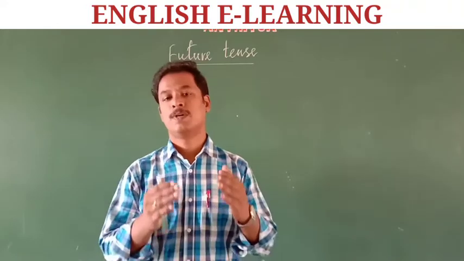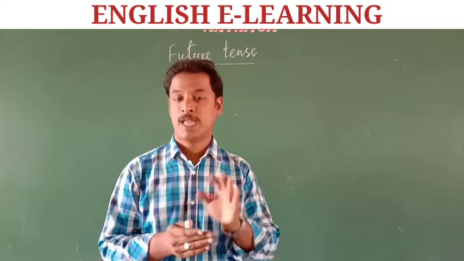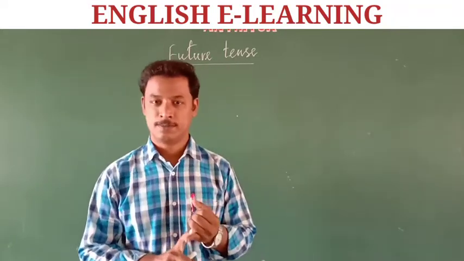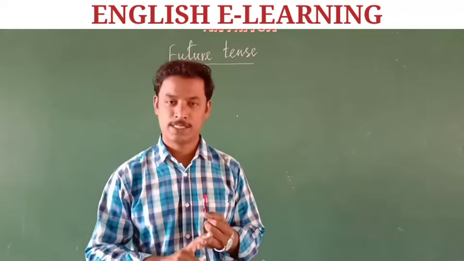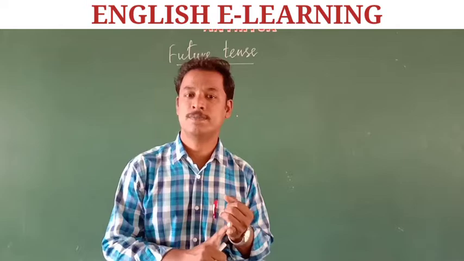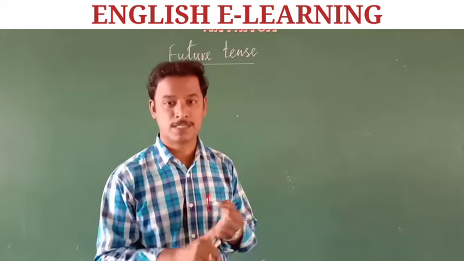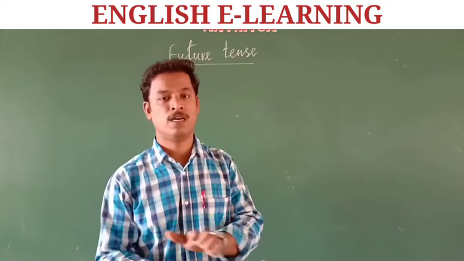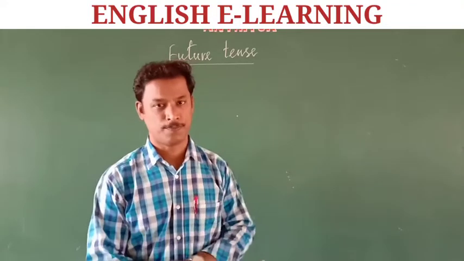So you have completed eight forms so far: present simple, present continuous, present perfect, present perfect continuous, and past simple, past continuous, past perfect and past perfect continuous. These eight forms have been completed so far.